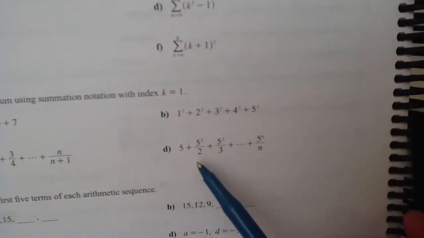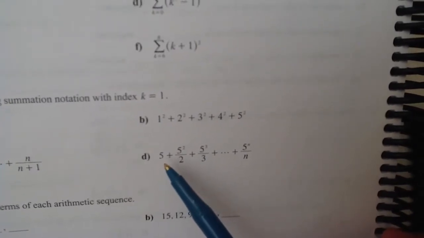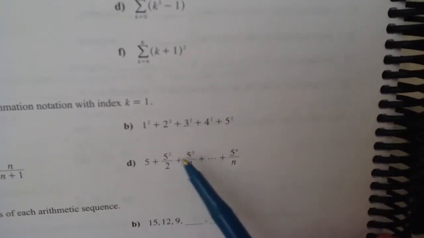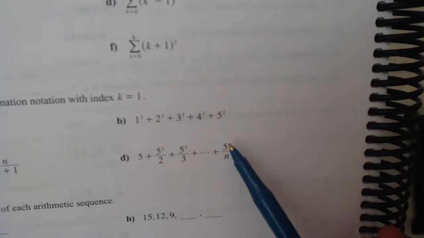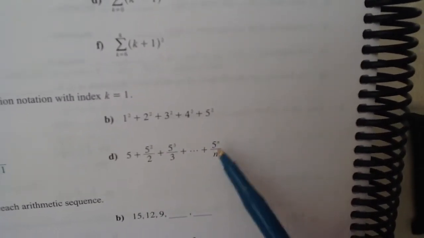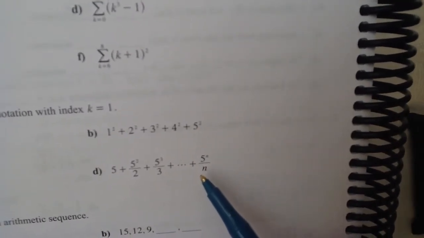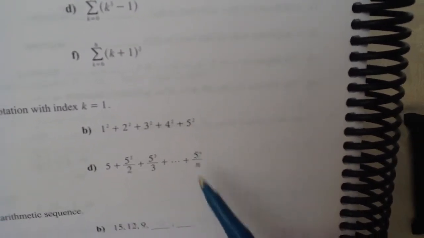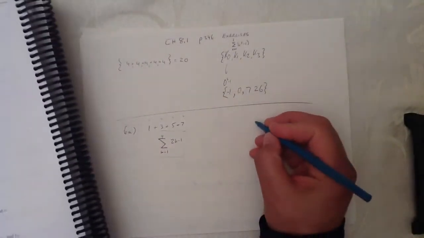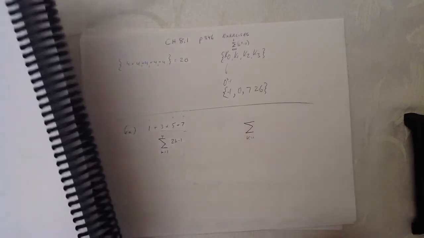This one here, I'm not going to write that out, too many values here, but you see a 2 here, a 3 here, and an n here. So, oh well, here's the formula here. 5 to the n over n. And it goes up to n. So the summation notation, we know it's k equals 1, it told us that.